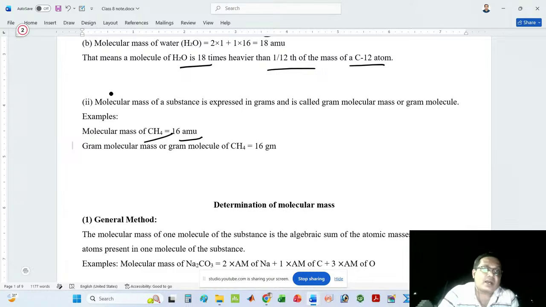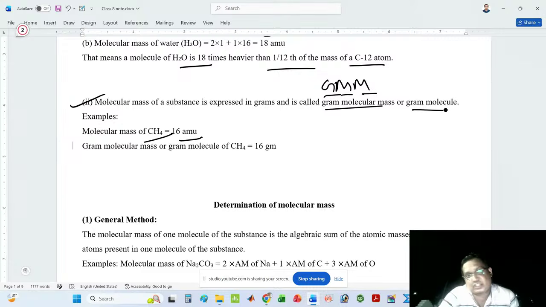When a molecular mass is expressed in gram, that is called gram molecular mass. Remember, this is simply called GMM. Shortly, it is represented GMM, gram molecular mass, or you can say gram molecule. Look at that. Molecular mass of methane is 16 AMU.